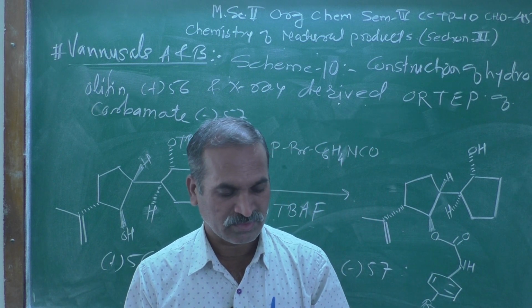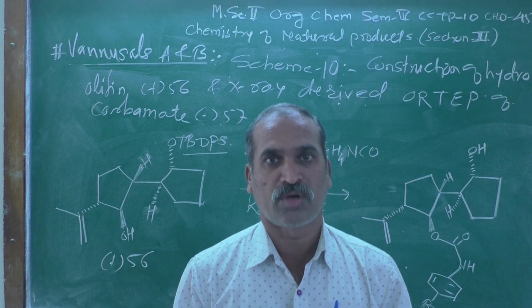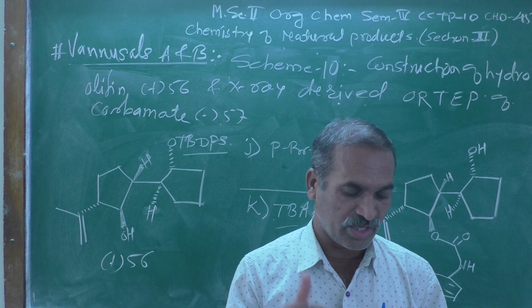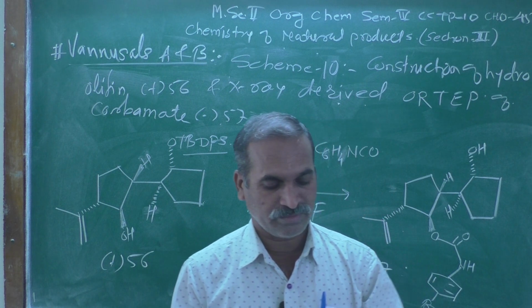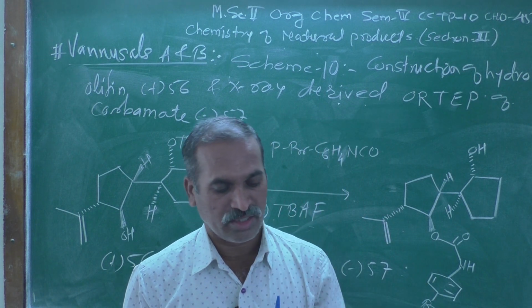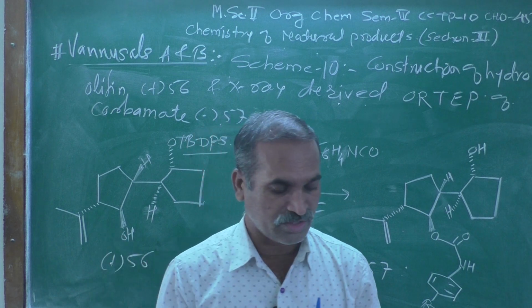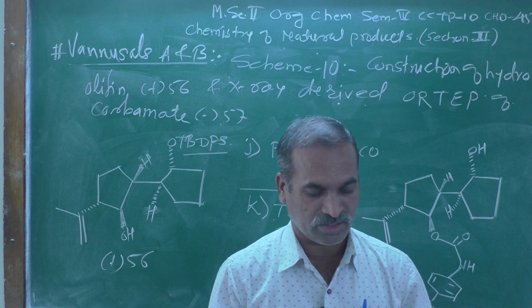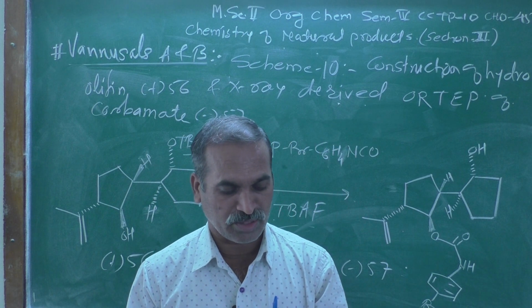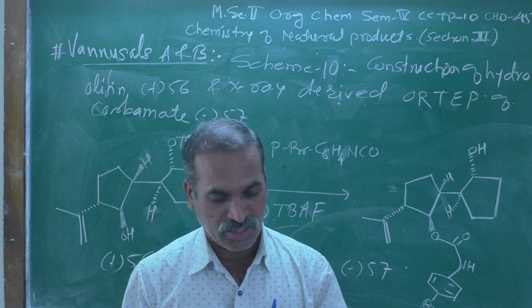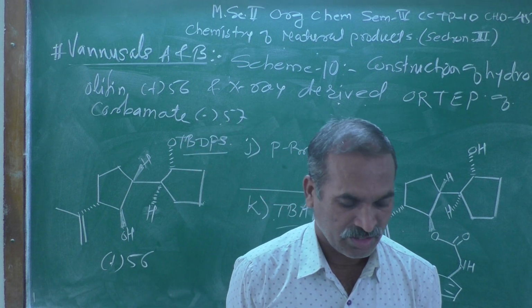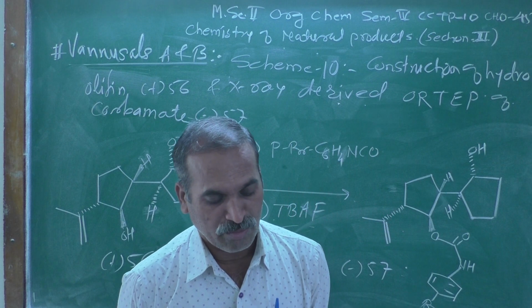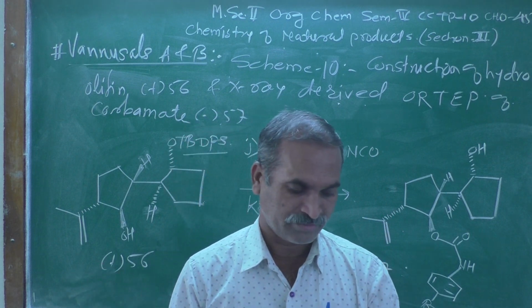And then we got compound number 52 as well as plus 52 where R is equal to H, and minus 53 when there is a C reagent, that is MTPCl, minus 53 where R is equal to RMTPL. And then we added some reagents one by one, that is Martin sulfonate.